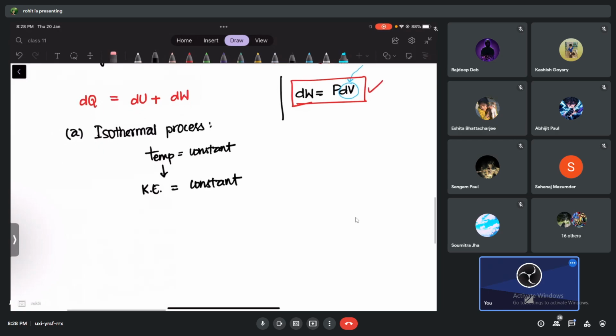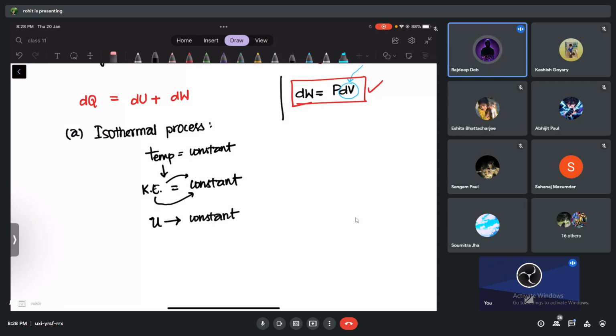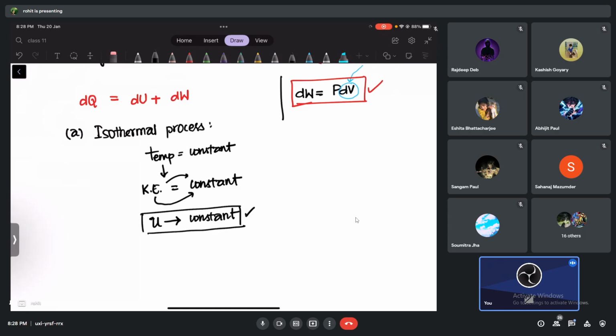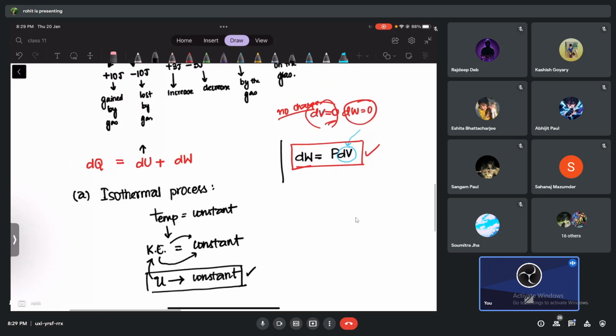So if kinetic energy does not change, what will the internal energy be? It remains constant, because internal energy for a perfect gas means nothing but kinetic energy, and it totally depends on temperature. No change of temperature, no change of kinetic energy, no change of internal energy. That's how you measure internal energy for a perfect gas.